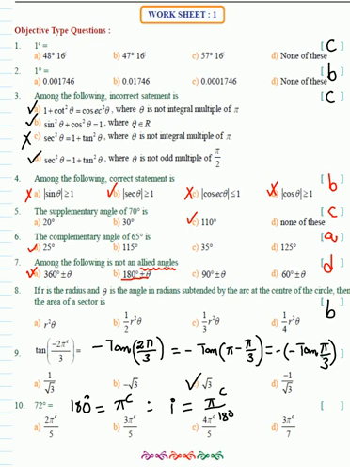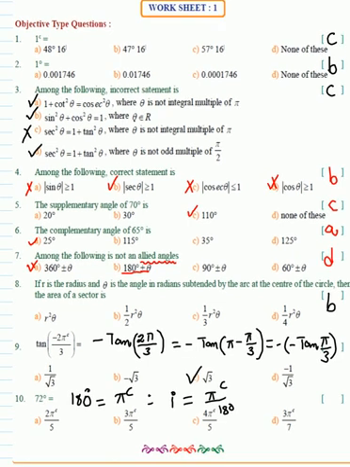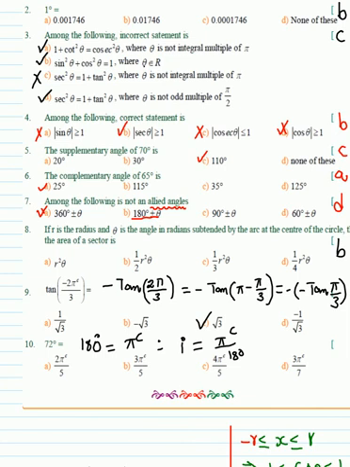Now substitute here. 72 degrees is equal to 72 into pi by 180 radians. Cancelling, we get 2 pi by 5. The answer is A.